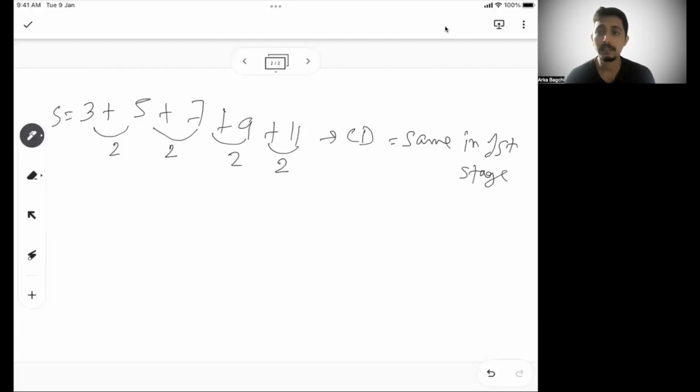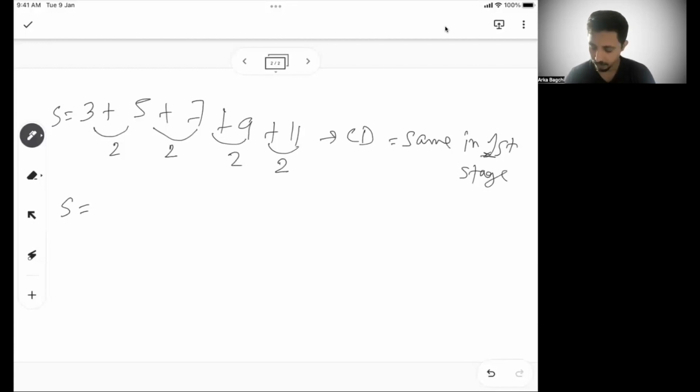So we can say this is first order, and I will show you what is second order, what is third order. But if you say in the first stage itself, your common difference is the same.